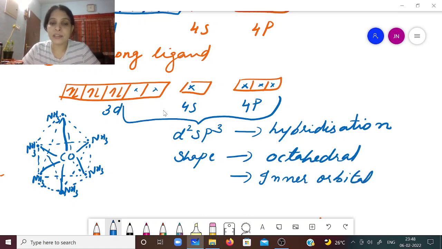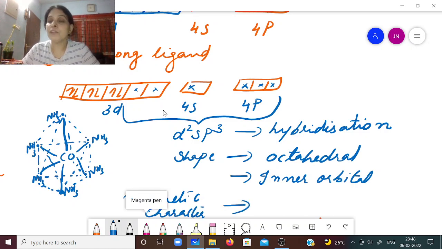Now, next question is magnetic character. What is a magnetic character? You know that there are two types of elements or complexes, that is paramagnetic or diamagnetic. Diamagnetic means not at all magnetic.